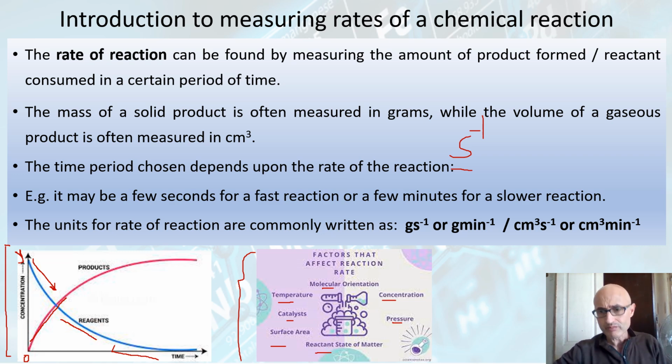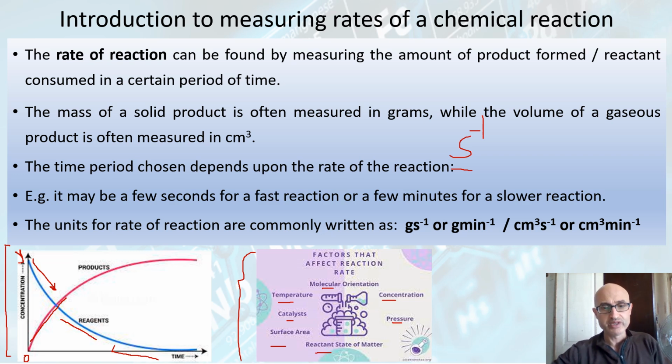You could also measure the volume of a gas produced per second, as we shall soon see. I shall be introducing video demonstrations where gases will be produced within a given amount of time, and we can measure the rate of production of a gas in centimeters cubed per second.